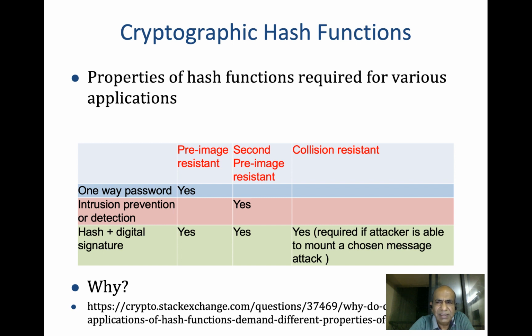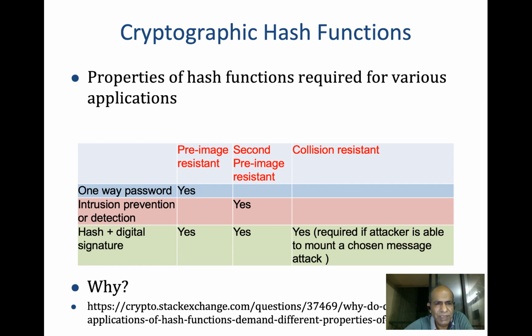Now, various applications require hash functions with different properties. So we have seen three kinds of hash function properties. One is pre-image resistance, second is second pre-image resistance, and third is collision resistance. We can say that a one-way password should have the pre-image resistance property.